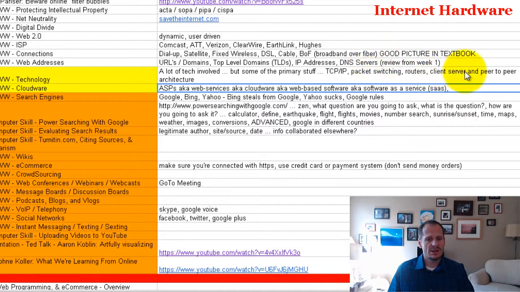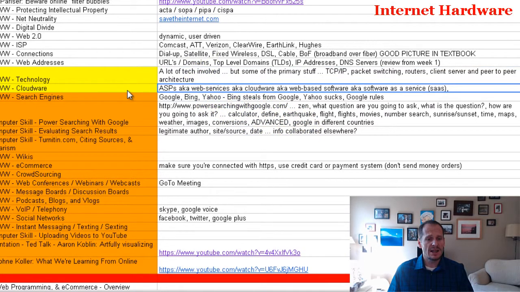Routers, client-server, and peer-to-peer architecture. That's some of the primary stuff involved, and you should know all of it. So: protocols, the rules of communication, how computers talk; packet switching versus circuit-switched networks; routers; and client-server architecture versus peer-to-peer architecture. That's some of the technology and hardware involved in making up the internet.